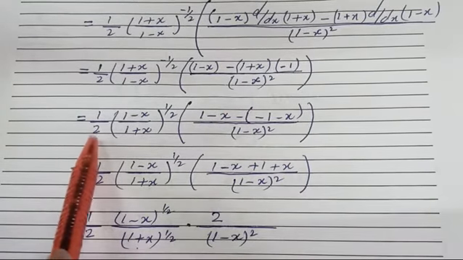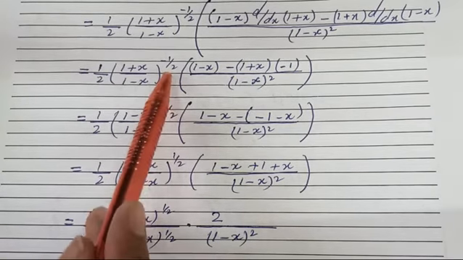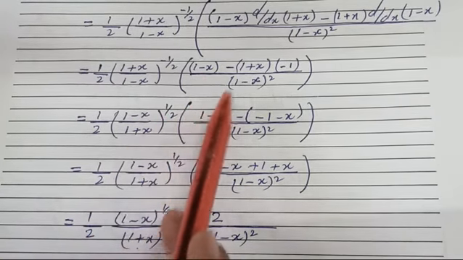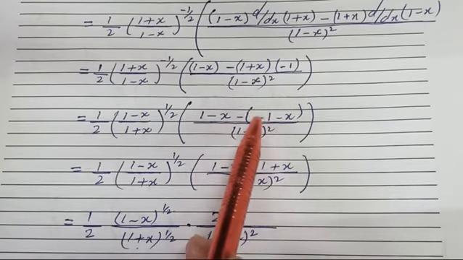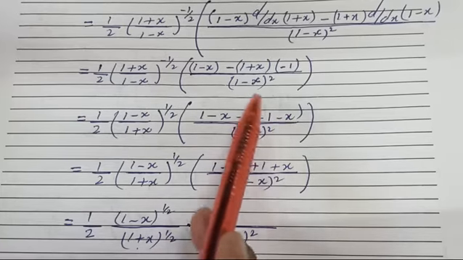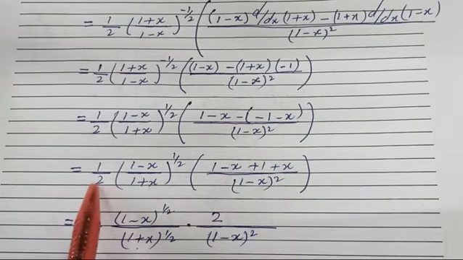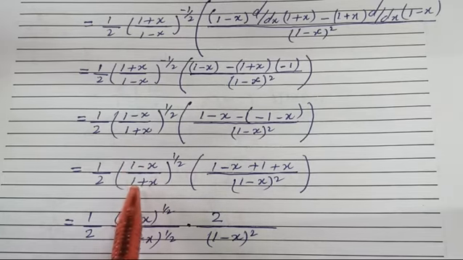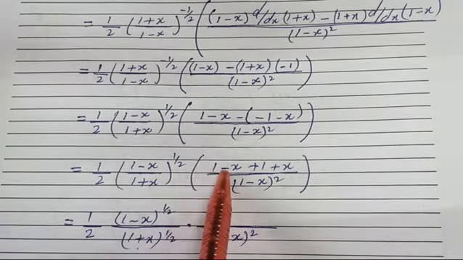In the next step, 1 by 2, we have reversed the terms to make the power positive, and 1 minus x minus, when minus 1 multiplies this bracket term, it becomes minus 1 minus x, divided by 1 minus x whole square. 1 by 2, (1 minus x over 1 plus x) raised to power 1 by 2, 1 minus x as it is.